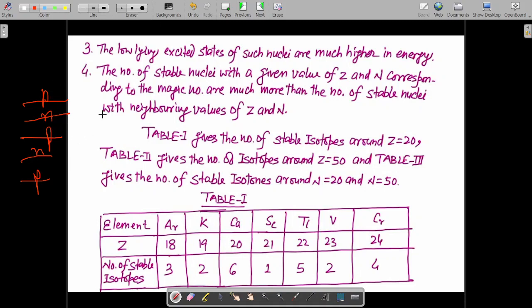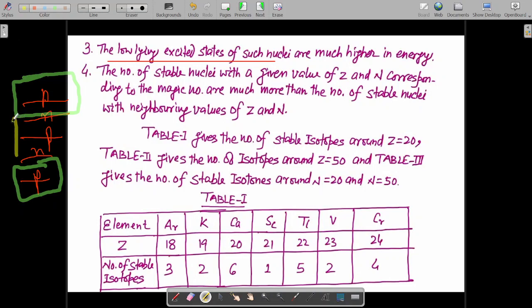Then what are the low lying excited states? This particular state is the ground state, right? This is a high lying excited state. Now what are the low lying excited states?